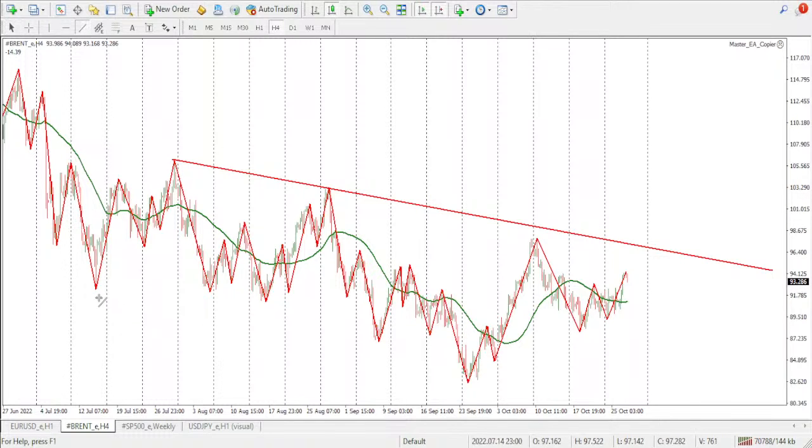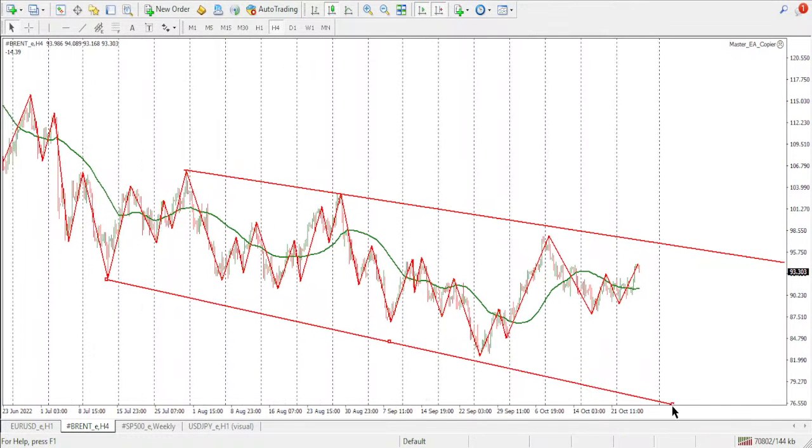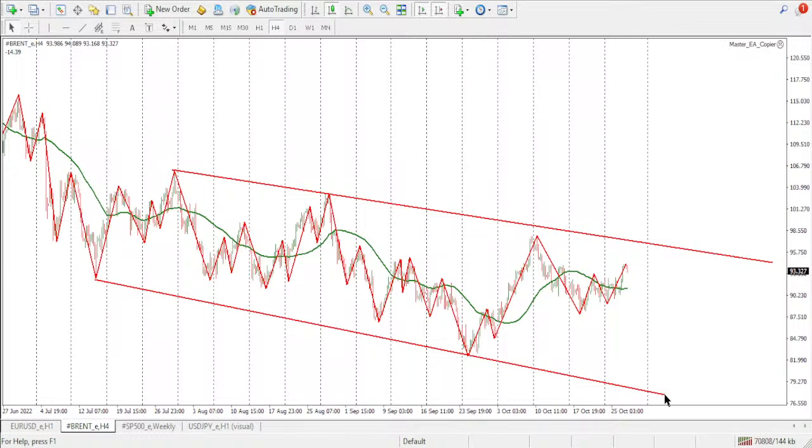We have that, and then we have that. This looks like a very good shape. You can see that the price keeps using it as resistance and as support.